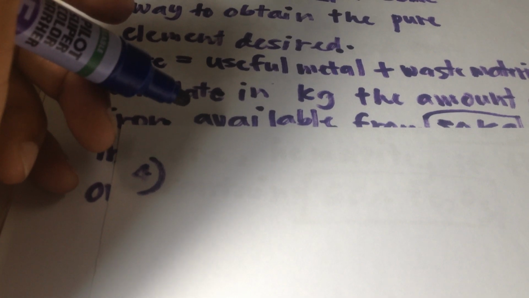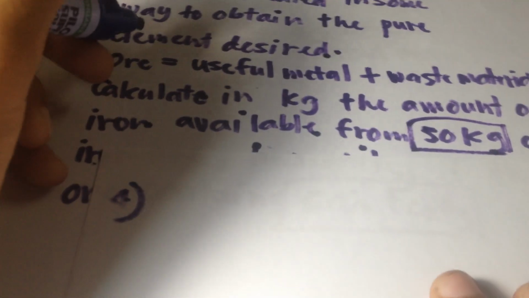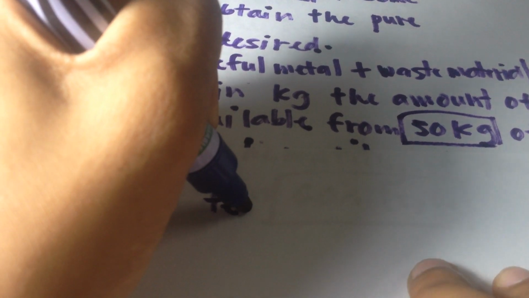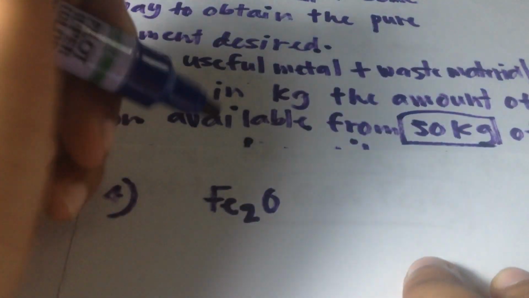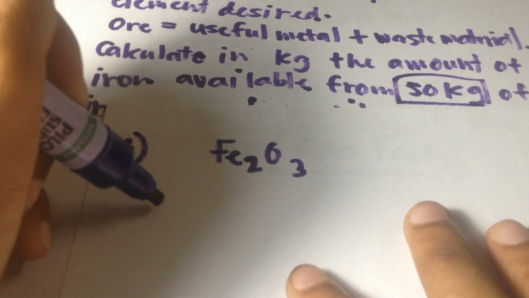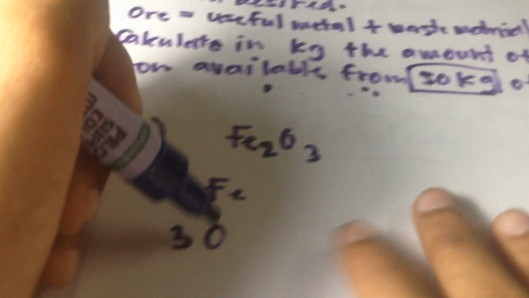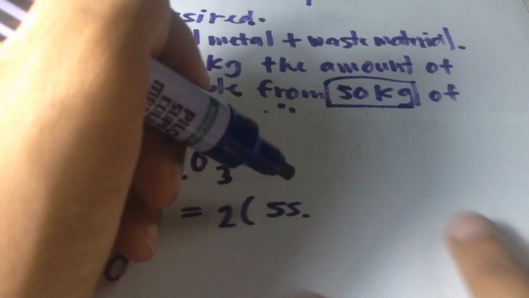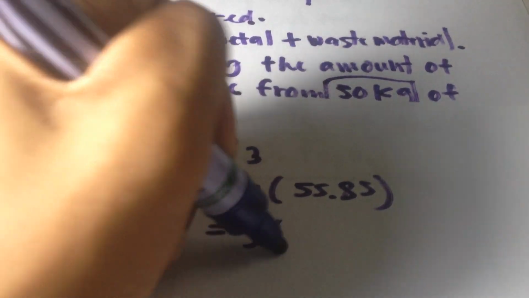We need to calculate the formula mass first. So iron(III) oxide. We need to calculate the formula mass. So 2 moles of iron and 3 moles of oxygen. So equals 2 times 55.85 plus 3 times 16.